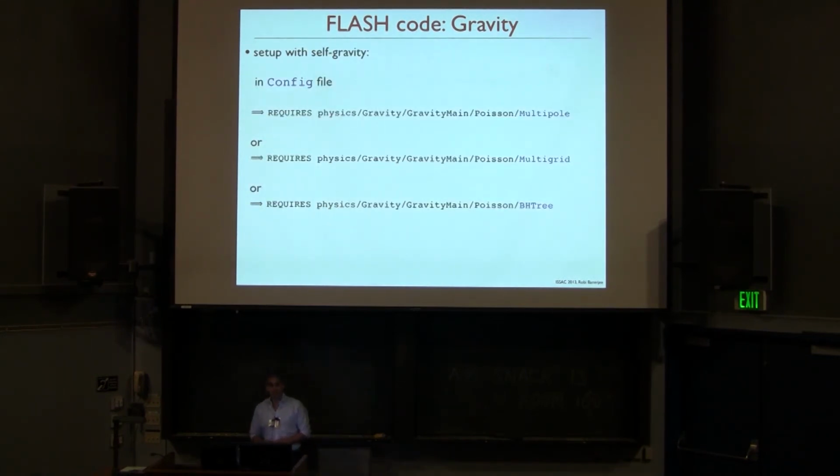Yeah, and if you want to test these different Poisson solvers, essentially in your configuration file, which you might have looked at already, you just provide the type of solver you want to have there, depending on your problem, of course, either multipole, the multigrid, or the Barnes and Hut tree, giving these requirements specifically in your configuration file.